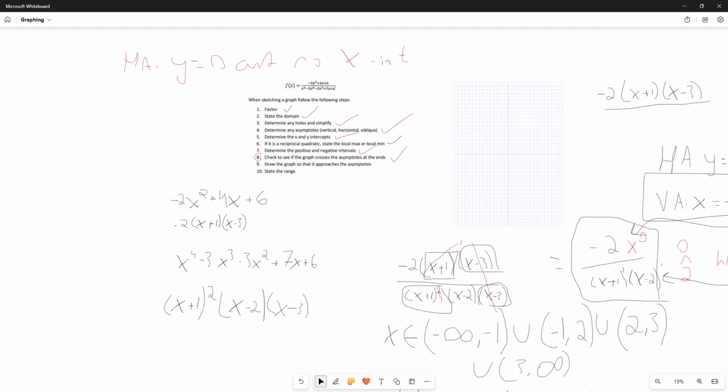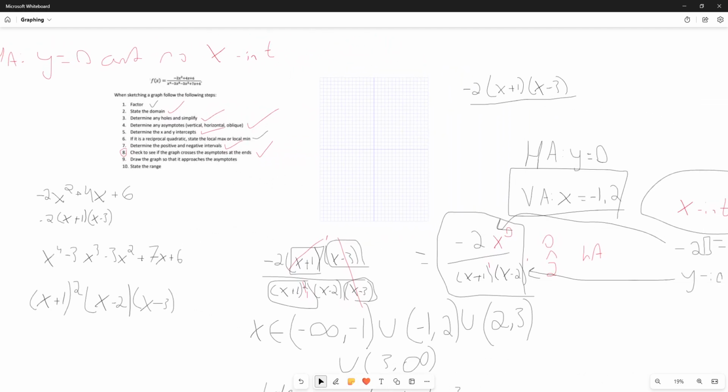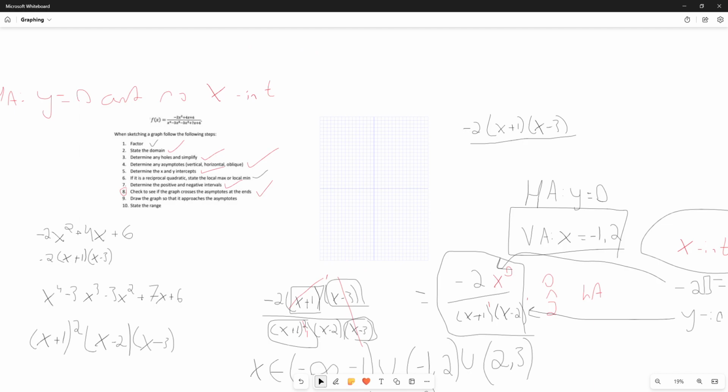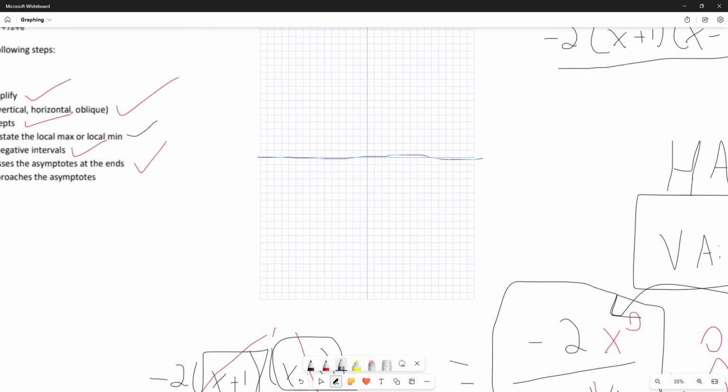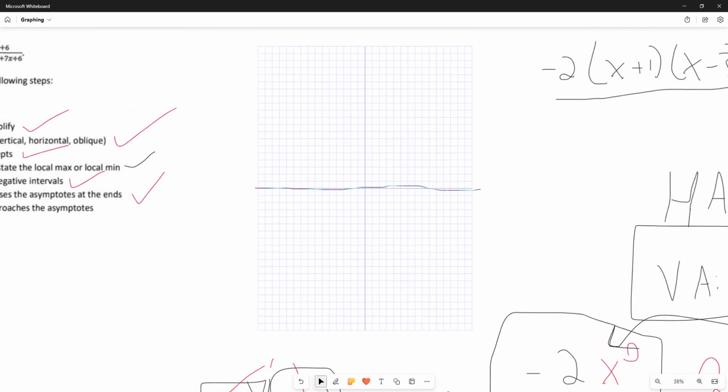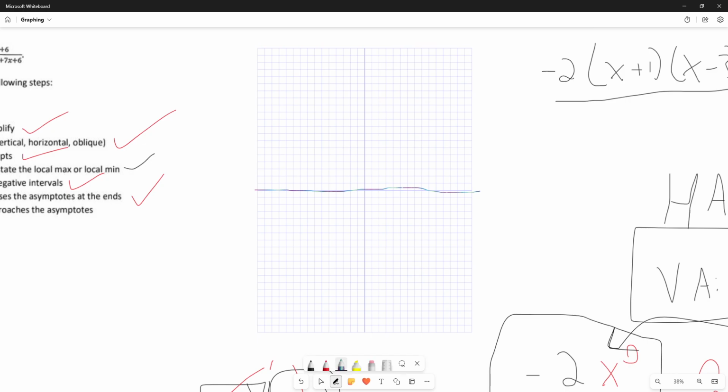Okay, so let's begin by drawing our horizontal asymptote. I'll draw the asymptotes in blue. So we'll draw a line here. Let me just make that bigger. This is at 0.